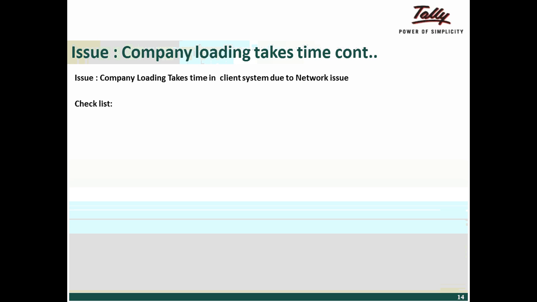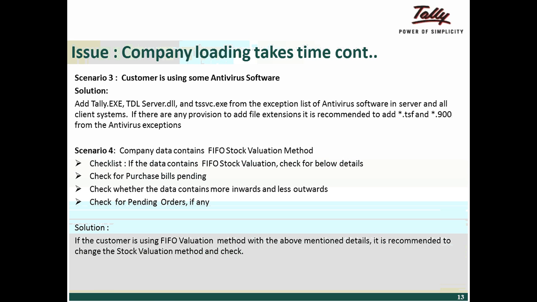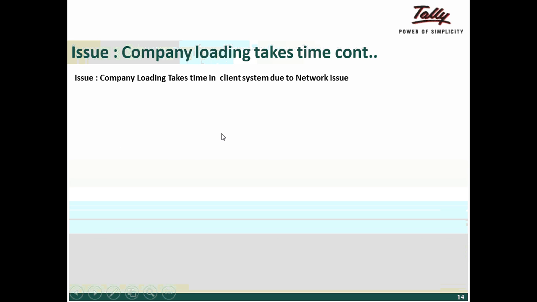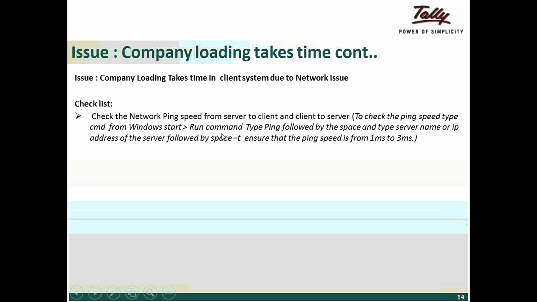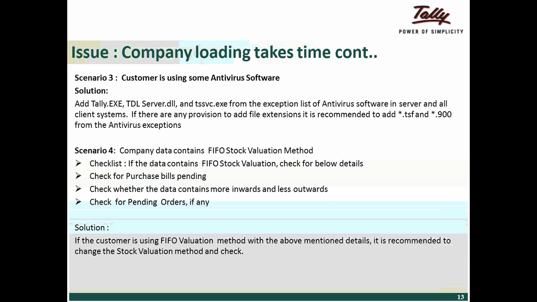Okay, company loading takes time if there is a network issue, right? We were on this slide actually. It is recommended to add the Tally.ERP 9 file and the TDS server.exe in the exclusion list of server and client machines.